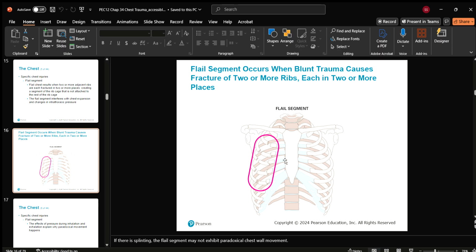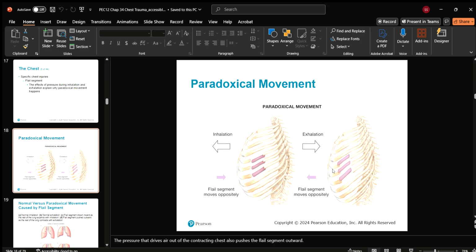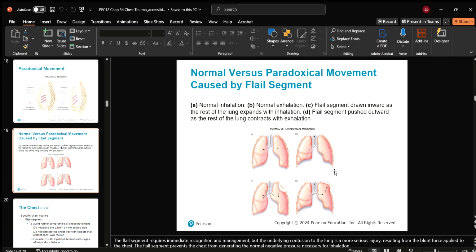And then when we exhale, when our lungs return to normal, our diaphragm goes up and our lungs go back to their normal size and position, that segment is going to push out. It's going to bulge. And it's called paradoxical movement that you see here in this slide. Here it's just further explained. And then it just kind of talks about what is happening in the lungs here.